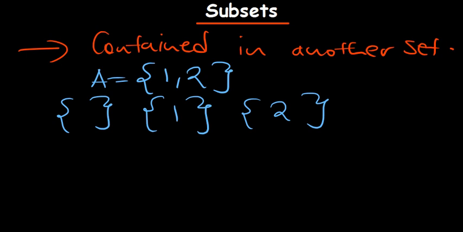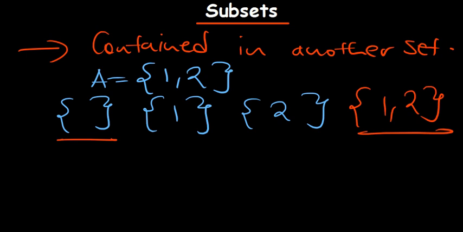So these sets that I've written there are contained in A. Now, the set itself is also contained in itself. So you notice that in addition to the empty set, the set itself is also a subset, including the cases where you can have minimal elements as well. So you can see that a set containing two members has got 4 subsets.